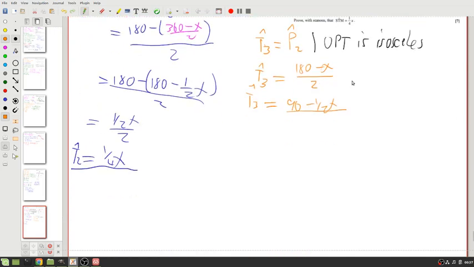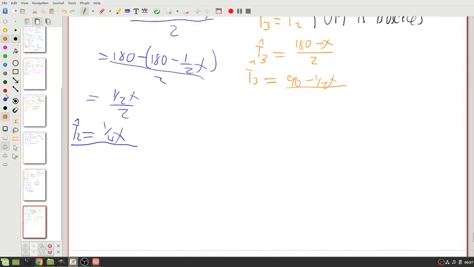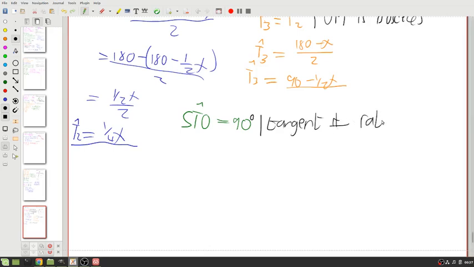So we're going to say STO, so that's the big T, equals 90, and our reason for that is tangent perpendicular to radius.